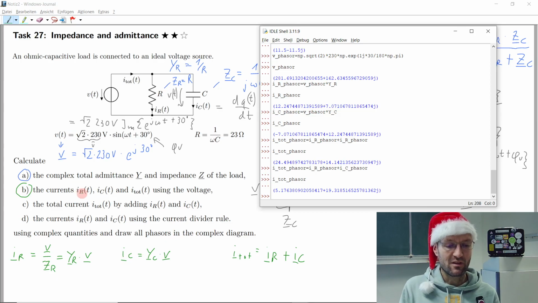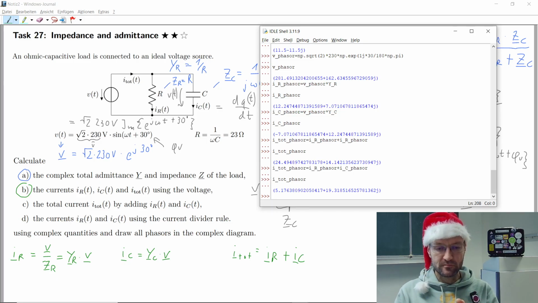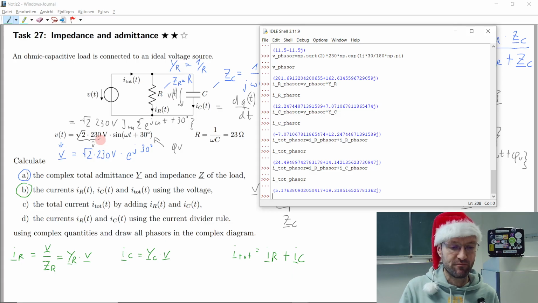So now we would like to have these currents here as time functions back again. So how do we get time functions from this? For a time function, what do I need at the end?